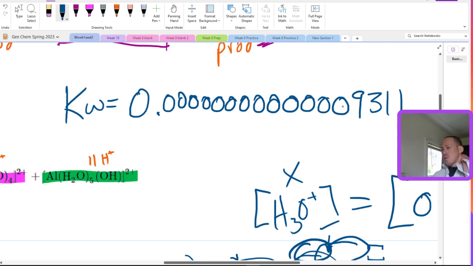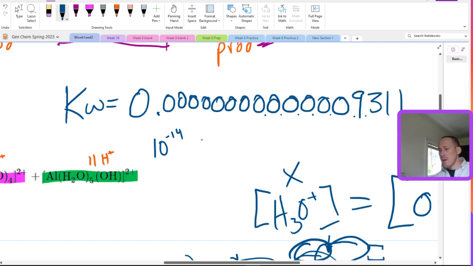Each one of these would give us another 10. So if you had 10 to the negative 1, that moves your decimal place from here to here. 10 to the negative 2 moves it here. 10 to the negative 3 moves it here. To the negative 4, to the negative 5. So this is 10 to the negative 14 right here.